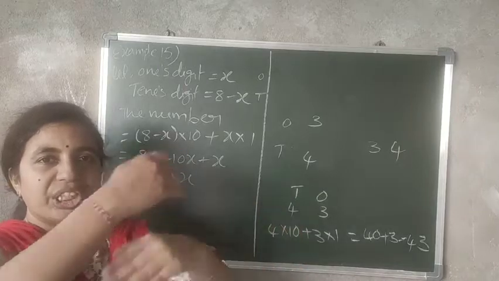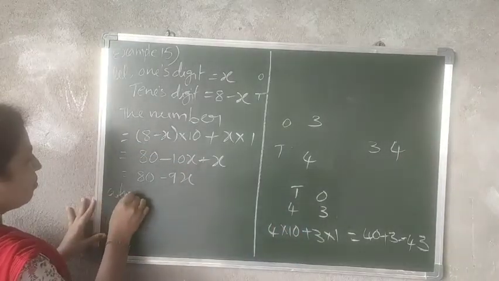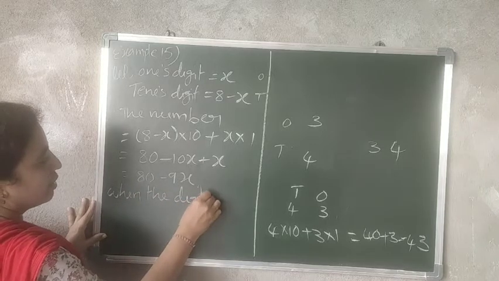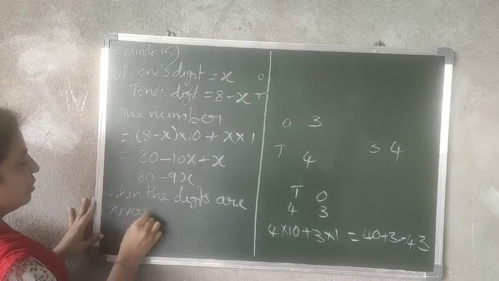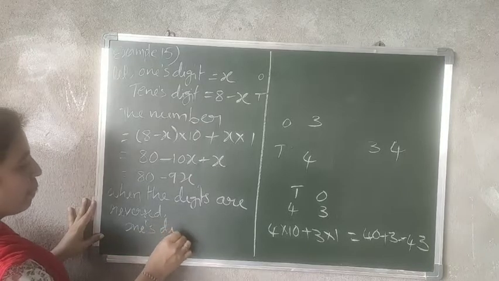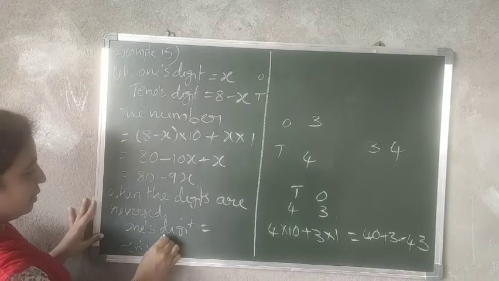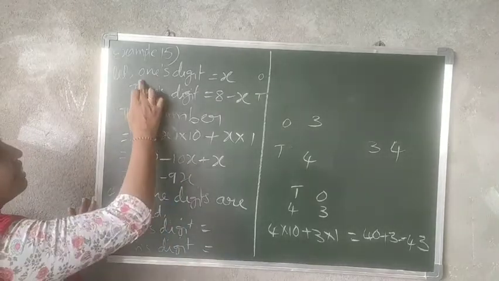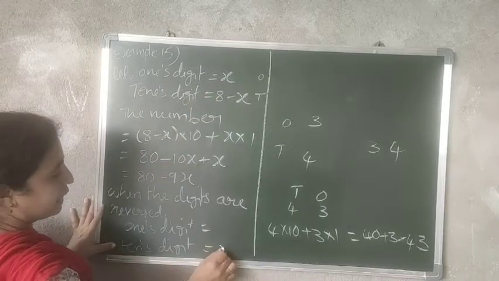The positions changed, exchanged. So when the digits are reversed, then ones digit will become tens digit. Here ones digit is x, so it will become tens digit.